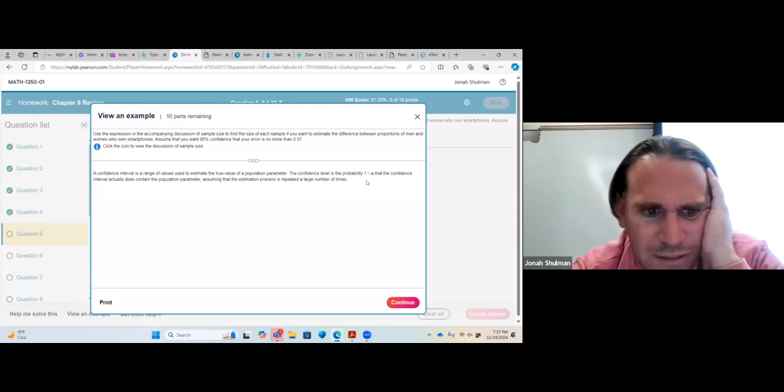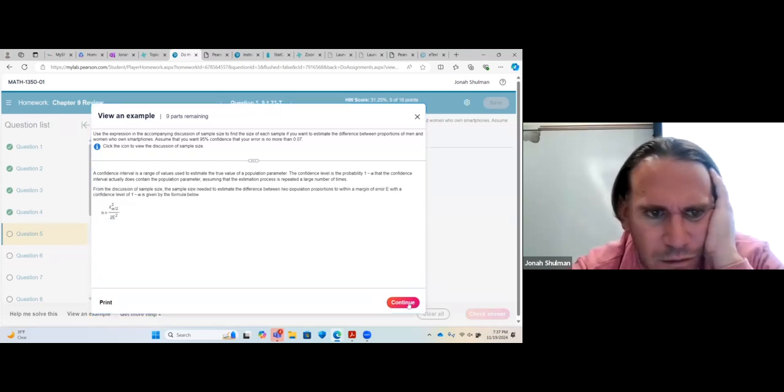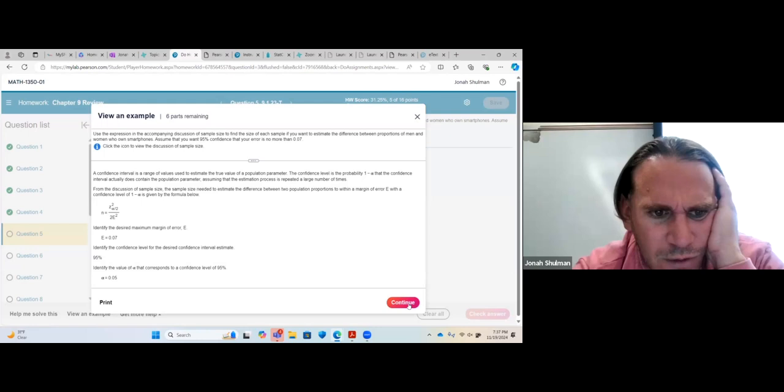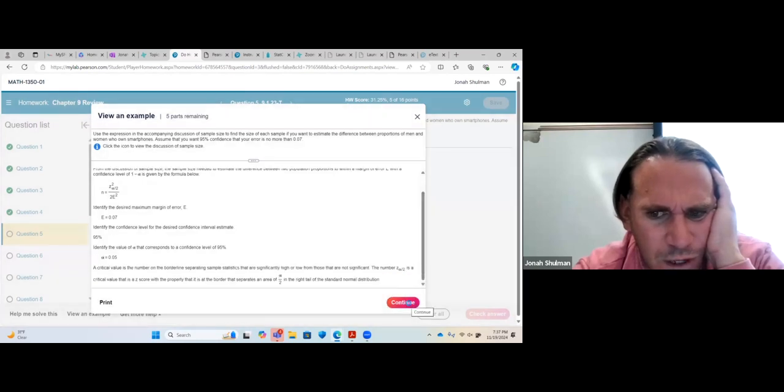So we have to do 1 minus alpha. Okay. I got to use this formula. We have error to find the margin of error. 95%, alpha is 0.05.